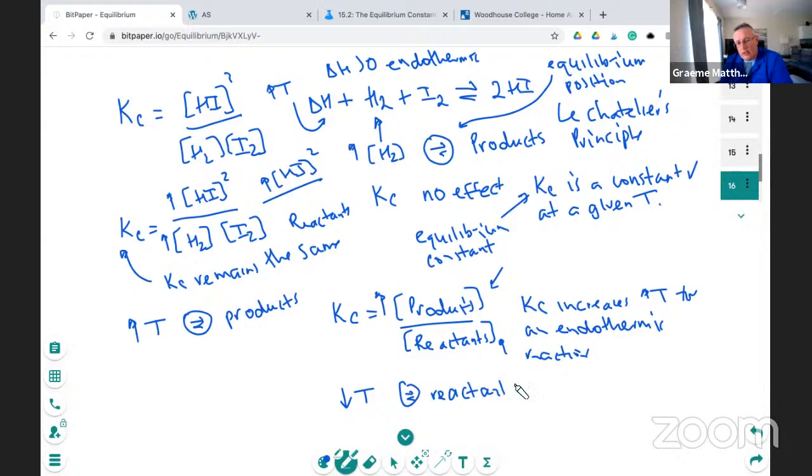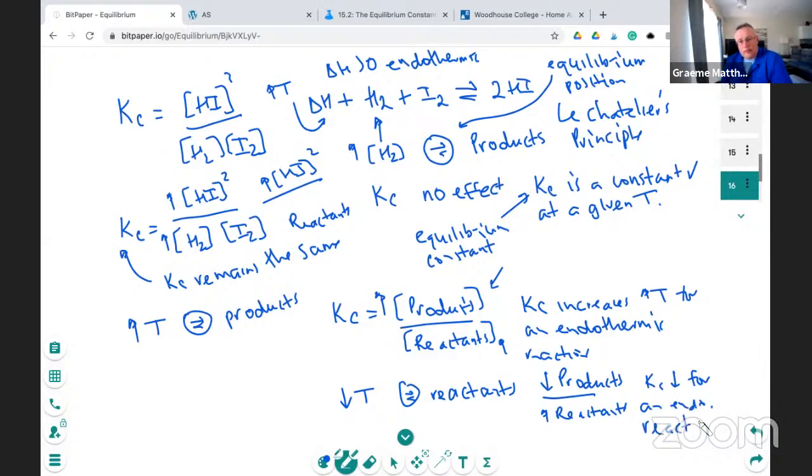And then you're thinking, now you've made more reactants and you've got less products. So therefore, the value of Kc decreases for an endothermic reaction.